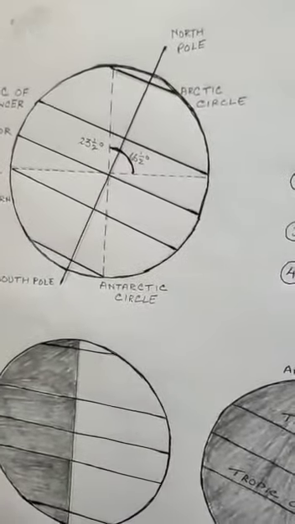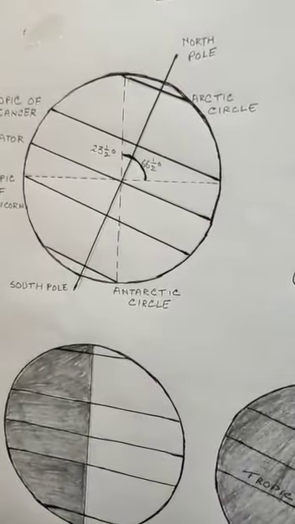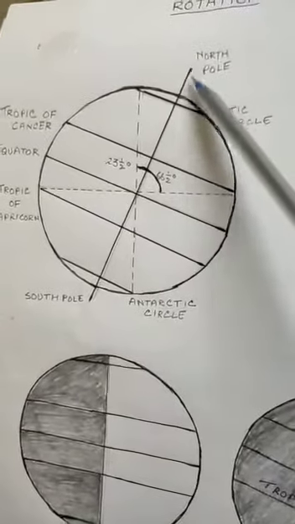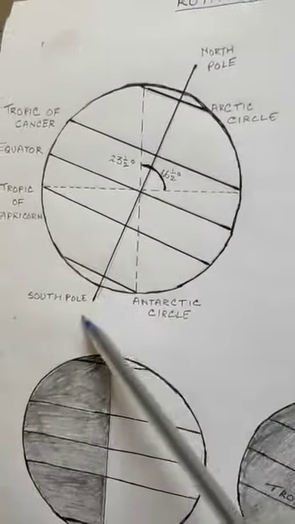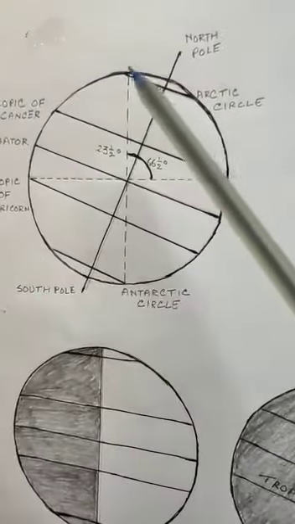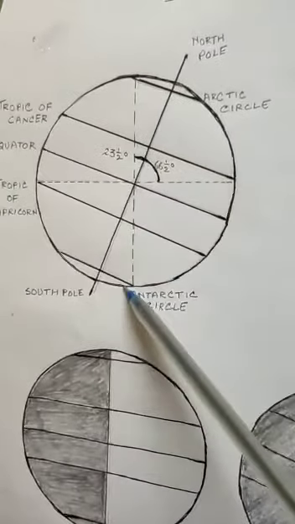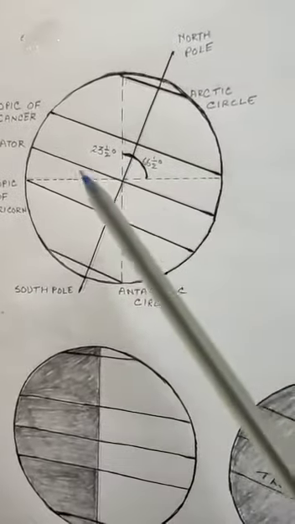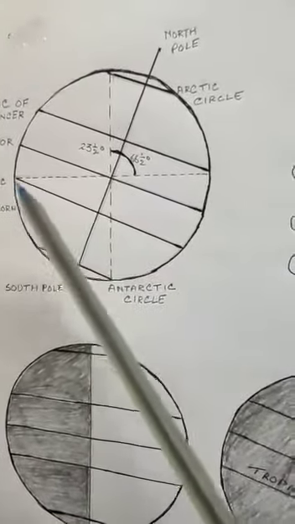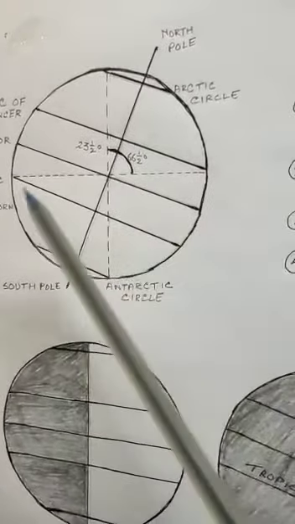Now, what is rotation? Rotation is the spinning of the earth on its axis. Now, what is axis? Look at the diagram. This is the axis of the earth. It is slightly tilted. Now, if a line is drawn at the center, the axis makes an angle of 23.5 degree. And you can see the horizontal line.